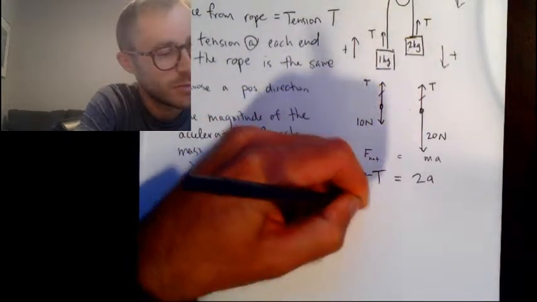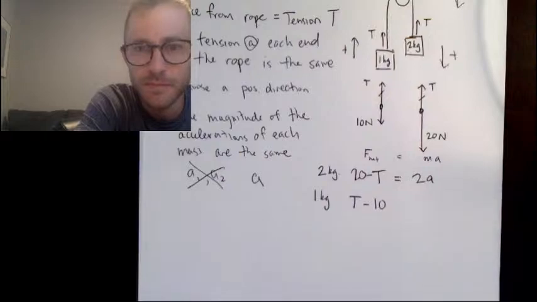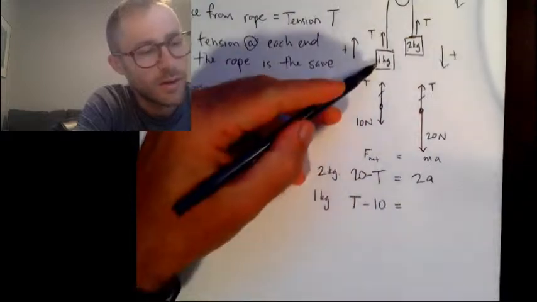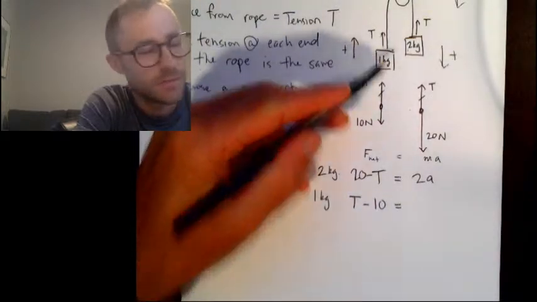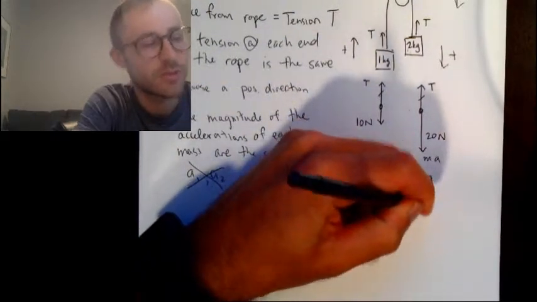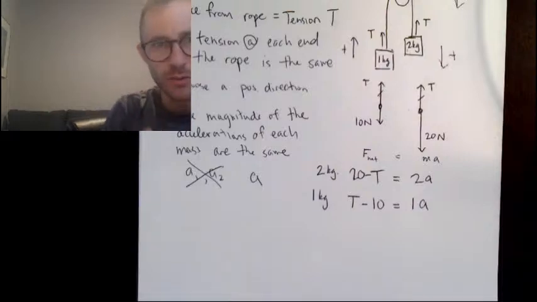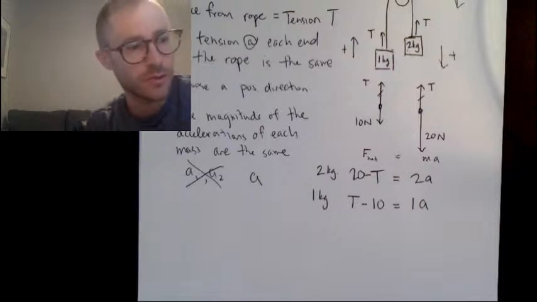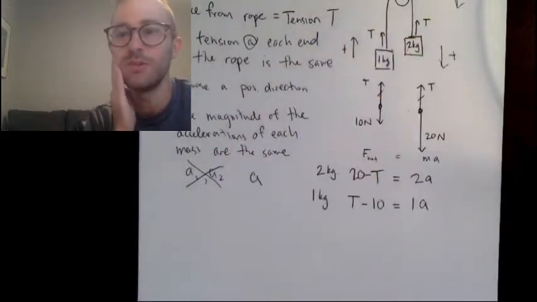So I have tension minus 10 is the net force. And that equals the mass, which is 1, times the acceleration. So I have a Newton's second law for each object in the system. There are 2 objects, so I have 2 Newton's second laws.